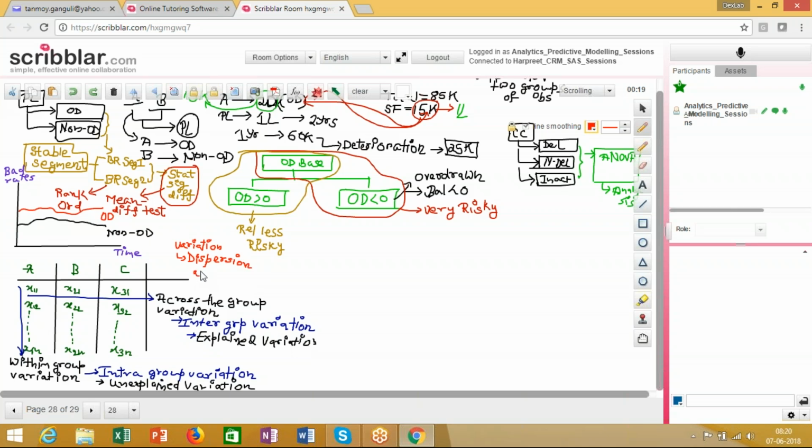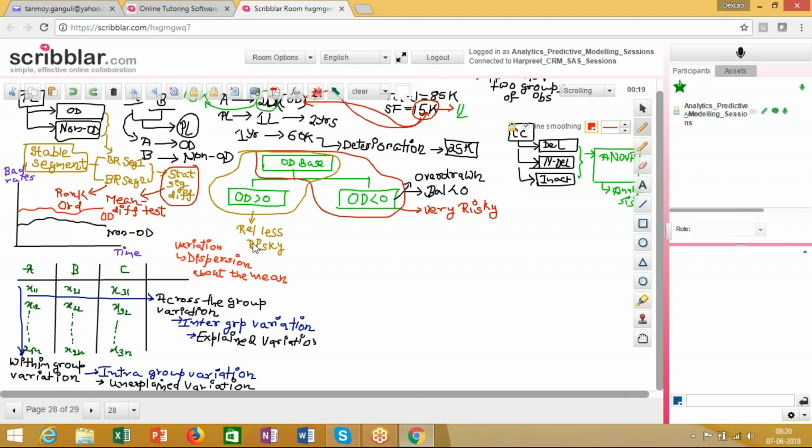So when we are talking about variation, we are talking about dispersion about the mean.